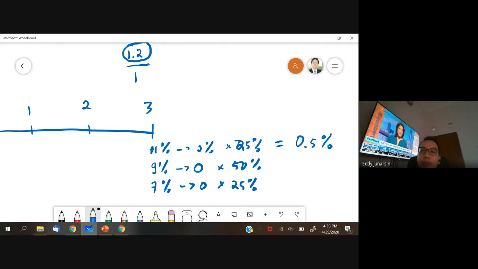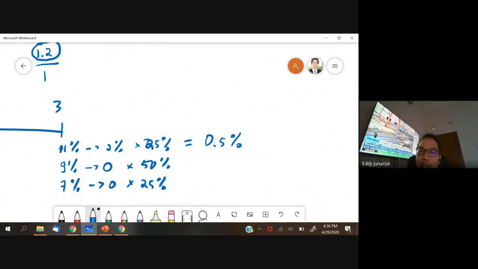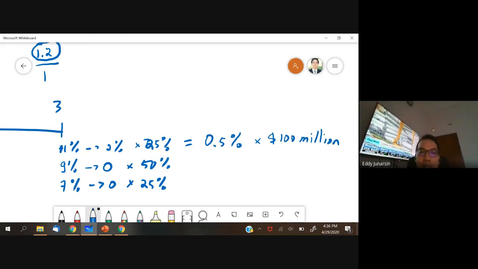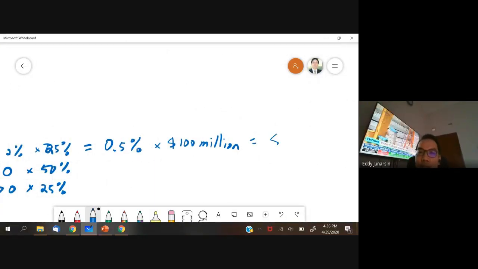Okay, 0.5%. If the size of the contract is 100 million, then how much is it? You might earn 500,000.